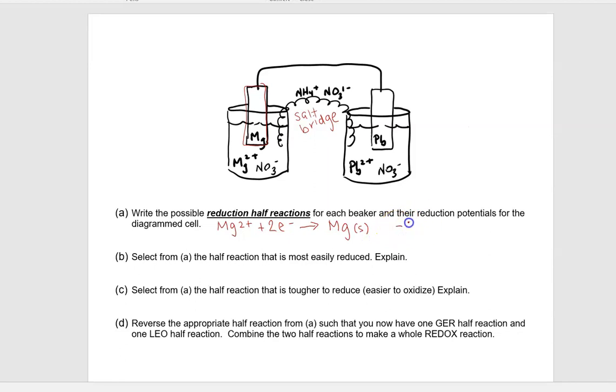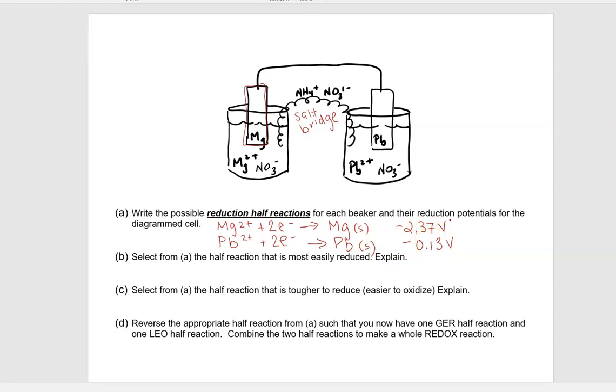I'm just going to note the voltage right here because I know I'm going to need that later. Because ultimately, this is a battery. You're trying to figure out how much voltage is given off from this. And then you have your second reduction half reaction, Pb2+ plus 2 electrons, and then it yields this solid. Again, I'm going to write down the voltage that I had on the sheet.